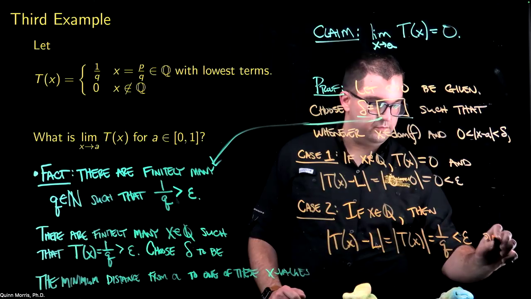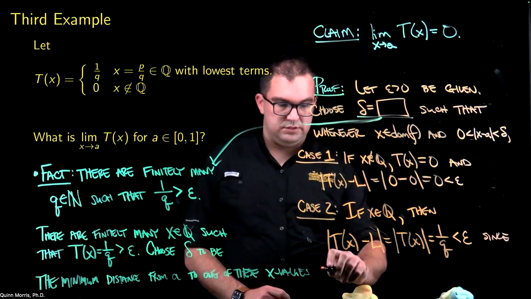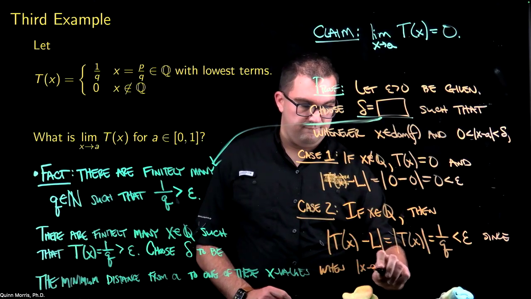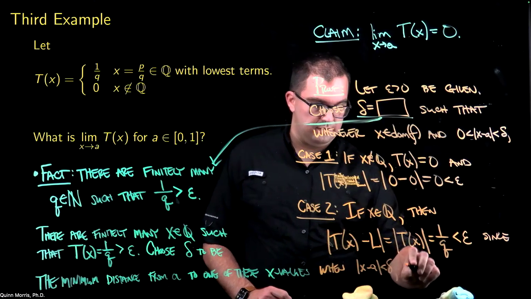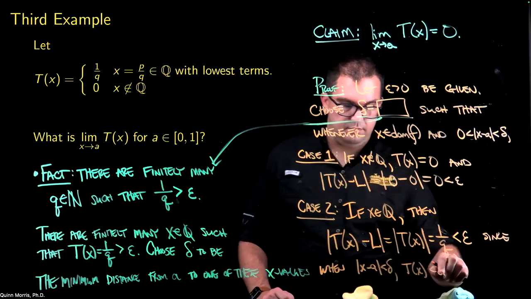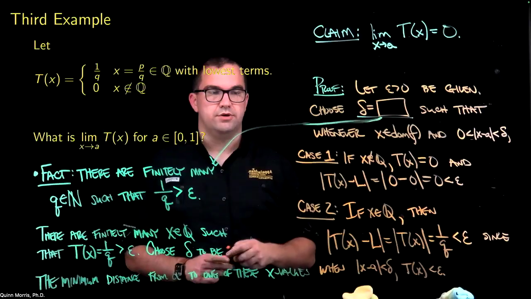So this is true since when x minus A is less than delta, T of x must be less than epsilon by our choice of delta. That's how we chose our delta.